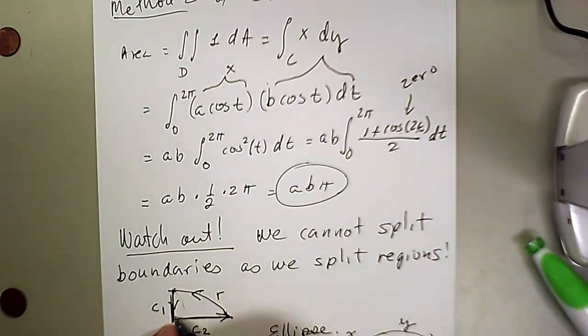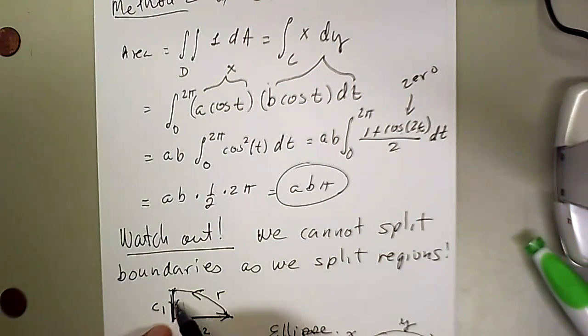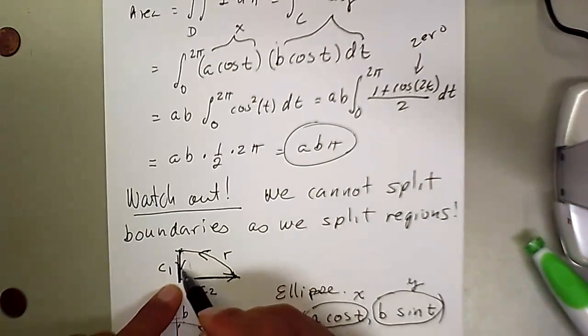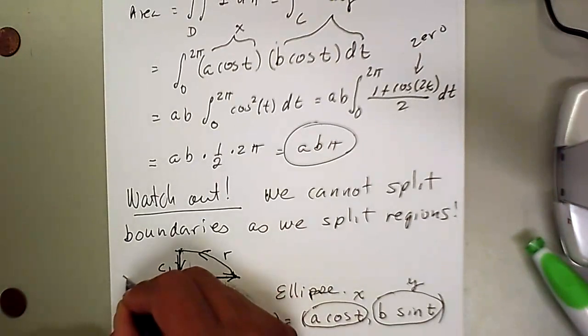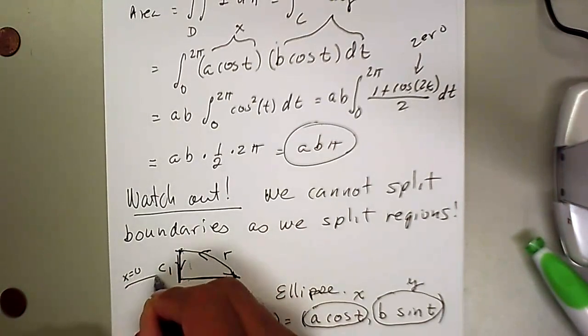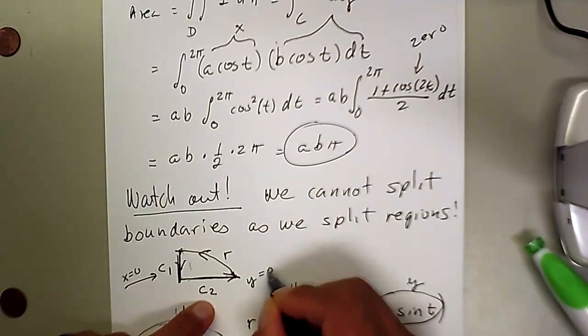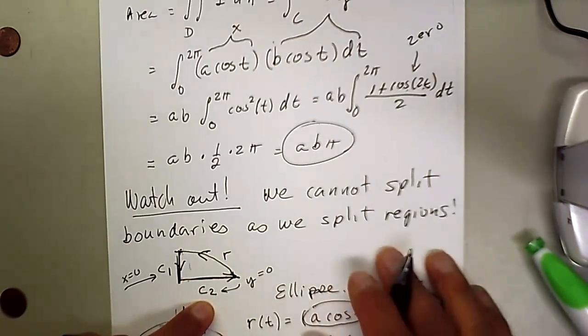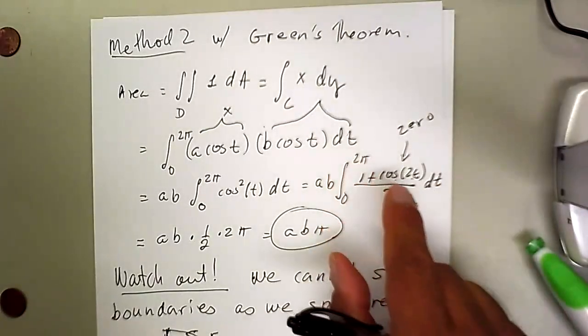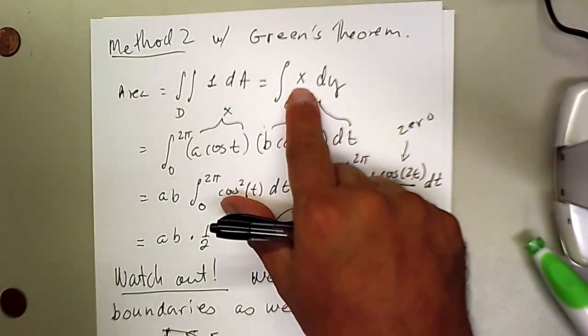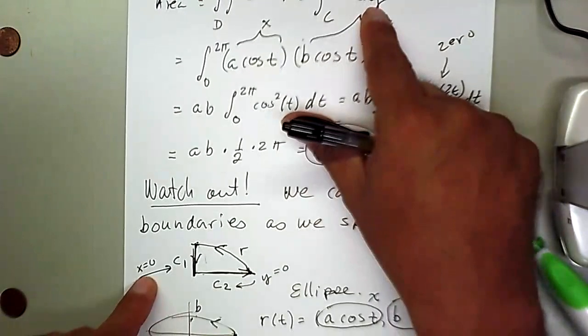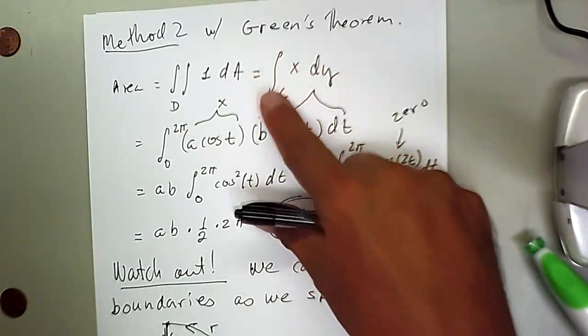Because on C1, the equation that we need is that x has to be 0 on C1. And here, y has to be 0 on C2. And what are we integrating? We're integrating x dy. So when x is 0, this integral becomes 0.